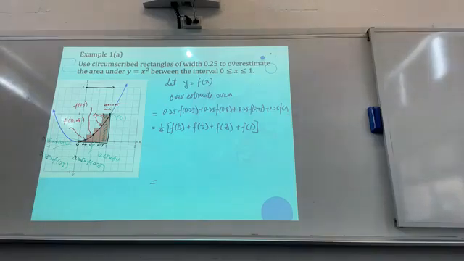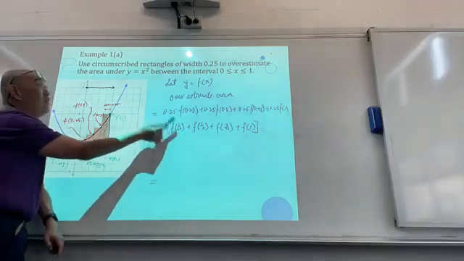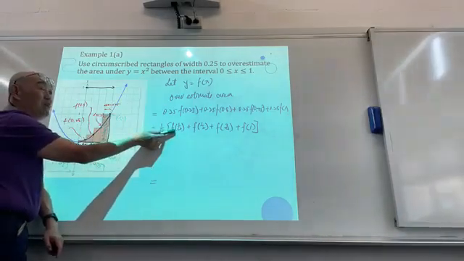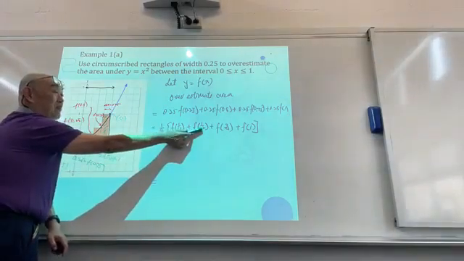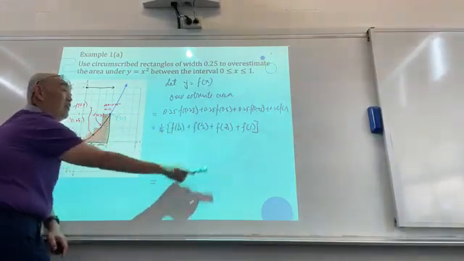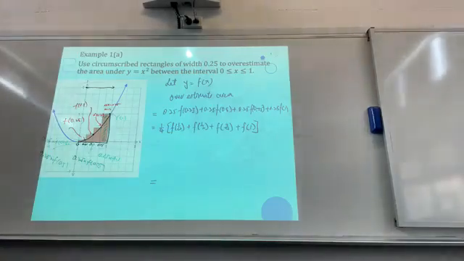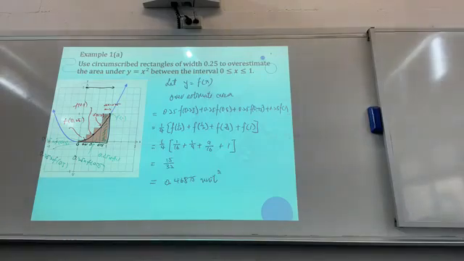So for example, 1 over 4, square of 1 over 4 will be 1 over 16. 1 over 2, square of that is 1 over 4, and square of 3 over 4 is 9 over 16. So it just occasionally makes life a little bit easier if you use a fraction. And then you can work that out. And of course, eventually, if you want, work it out as a decimal unit square.